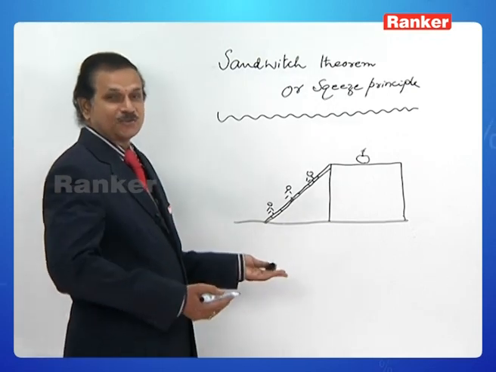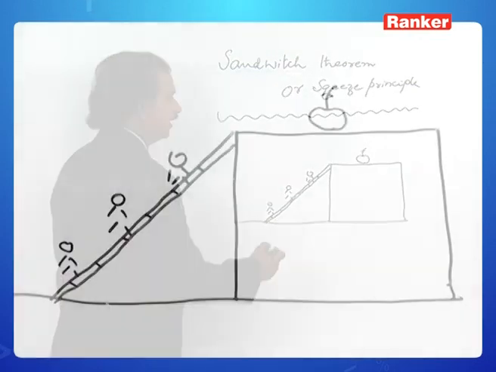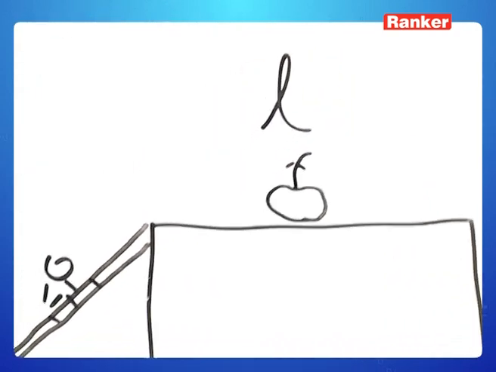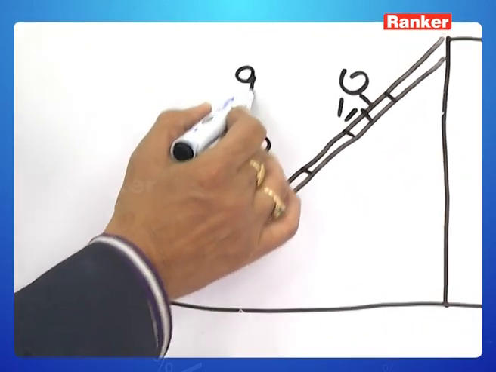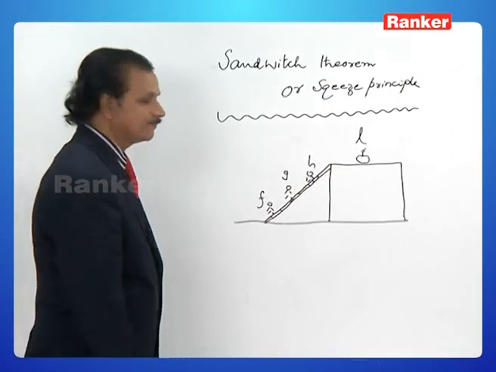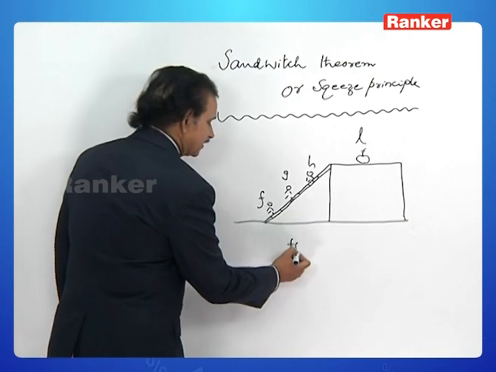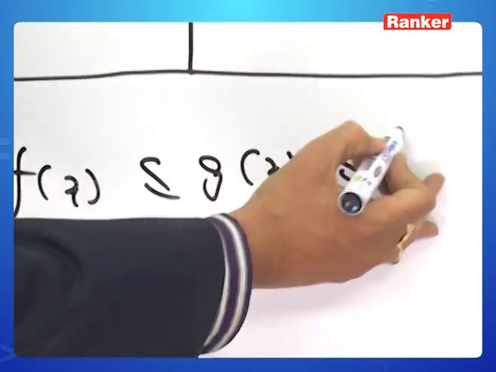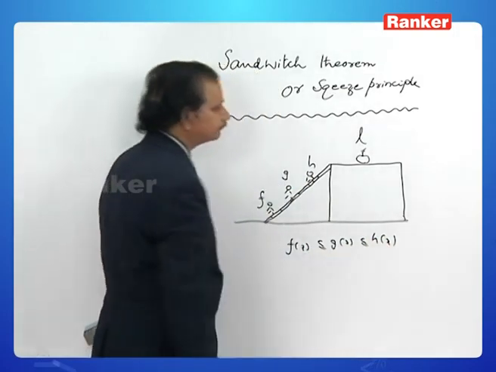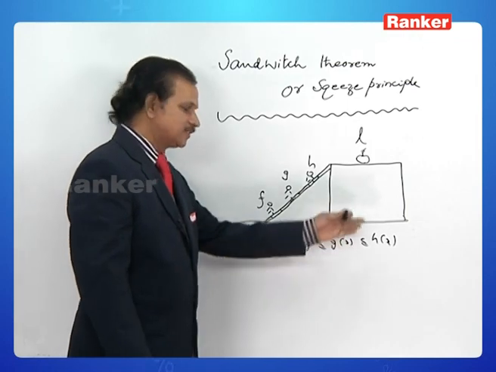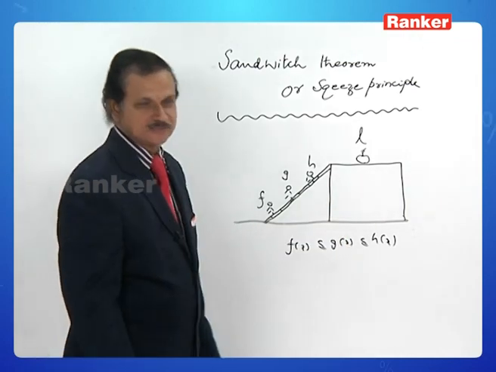Well, what is the reason to explain this scene? I call this L. This is f of x, this is g of x, this is h of x. f of x is less than or equal to g of x, which is less than or equal to h of x.